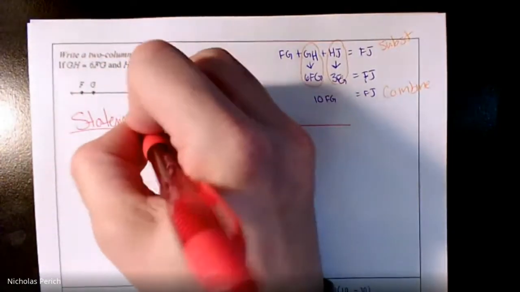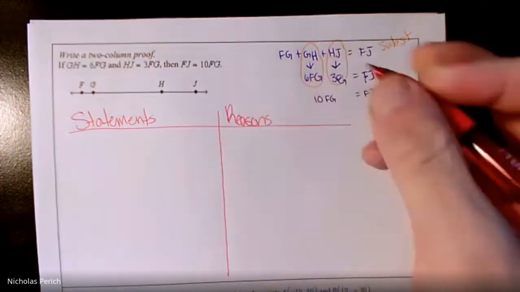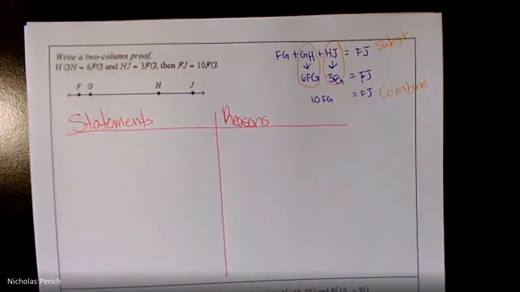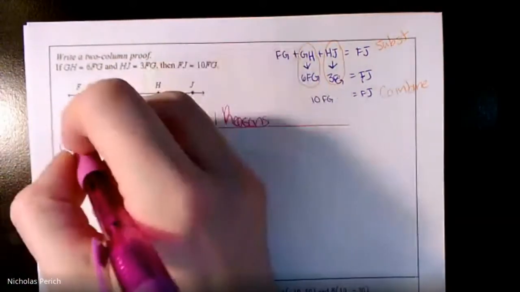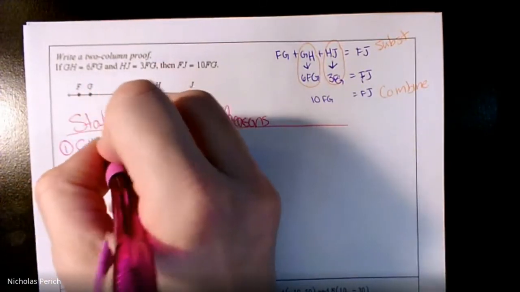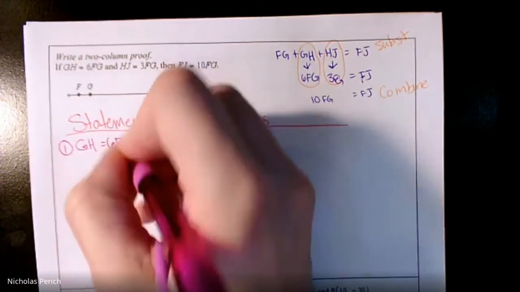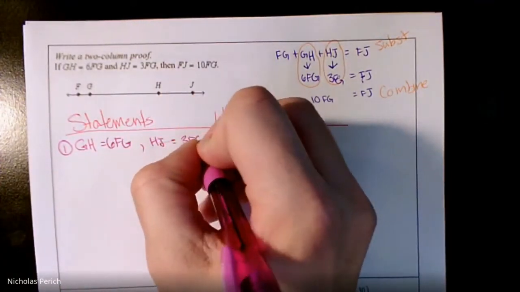Statements. Reasons. Statement 1, always the given. You know this, gang. GH equals 6FG, and HJ equals 3FG.